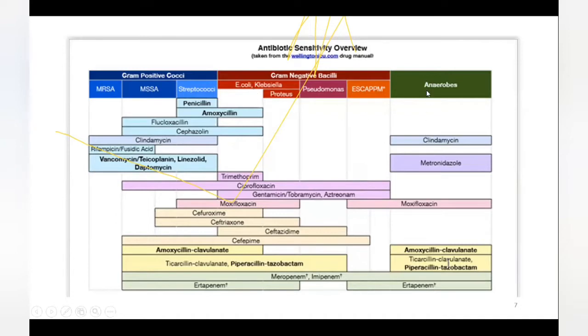Similarly, clindamycin against anaerobes, MRSA, MSSA, streptococci, or vancomycin, teicoplanin, linezolid, and daptomycin against gram-positive cocci, but no action against gram-negative bacilli. Similarly, ciprofloxacin against a wide range of gram-positive cocci and gram-negative bacilli. So similarly, the mechanism and the spectrum of this antimicrobial sensitivity should be considered while preparing the antimicrobial policy.